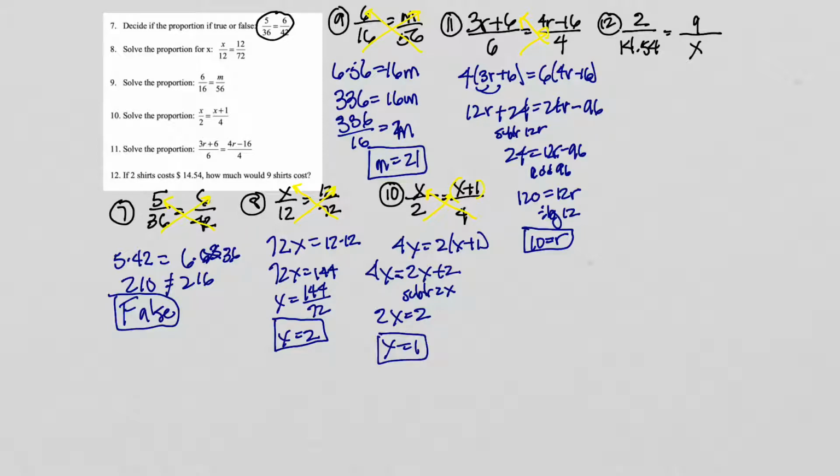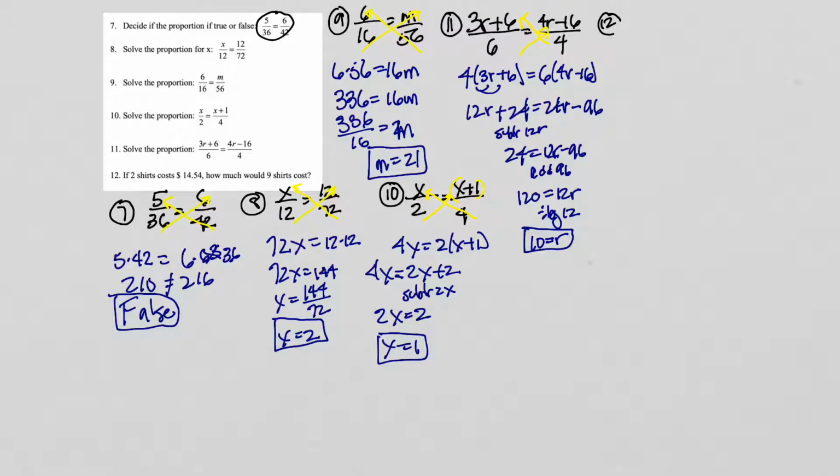I don't know, X. So there's our proportion, and we know how to solve this, right? What we're going to do is just use our cross multiply method, and that will give us 2x equals 9 times 14.54.